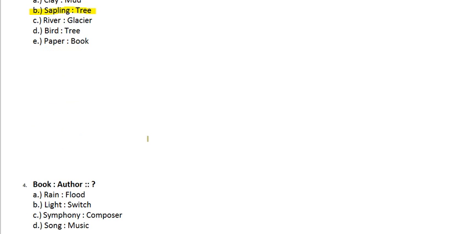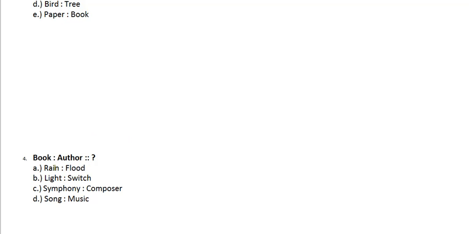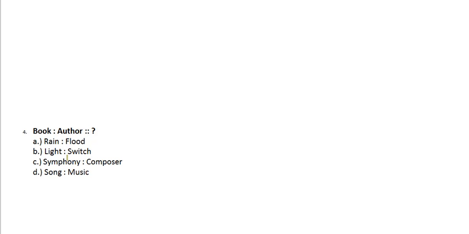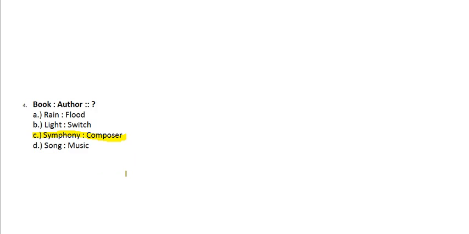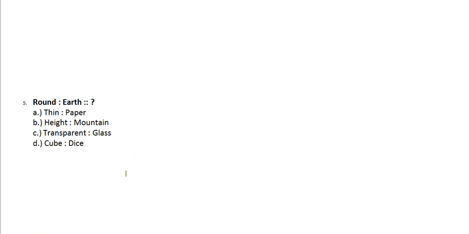Next one, the book is related to author, because a book is written by an author. It is the same as the symphony is composed by a composer. Now next, the shape.